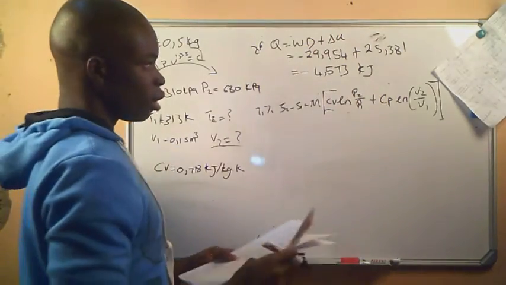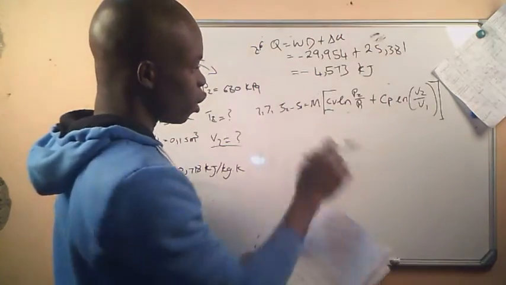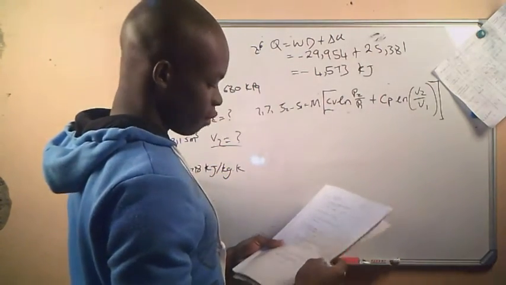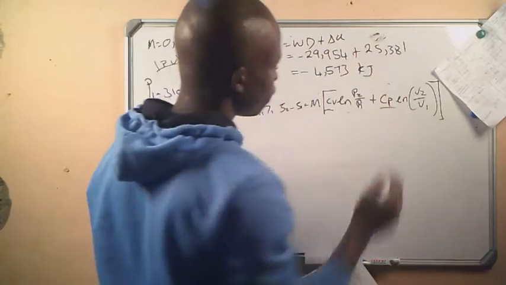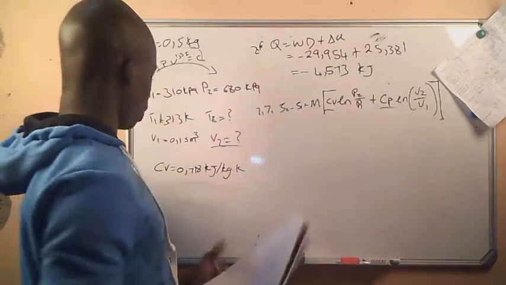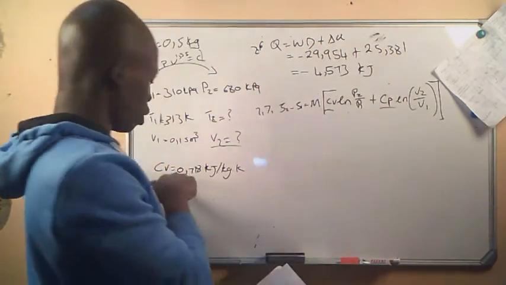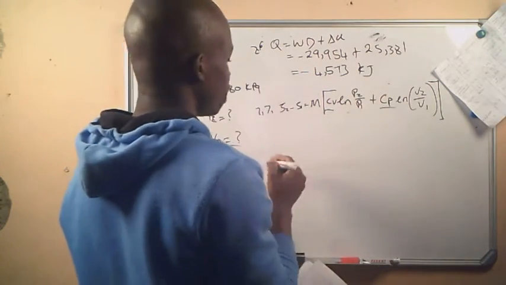And then if we look at this formula, we have everything now except for Cp. Remember, we do not have Cp. We have Cv, but we do not have Cp. So first, let's calculate Cp.